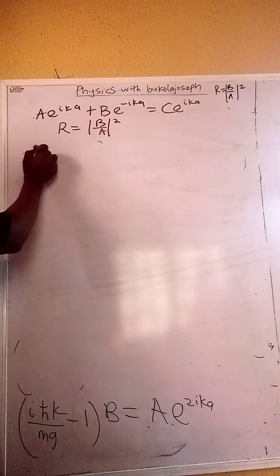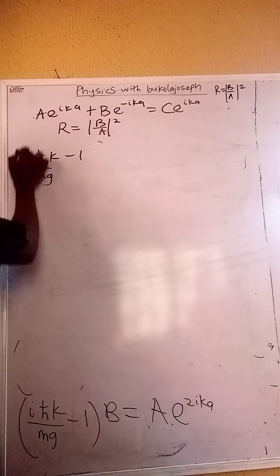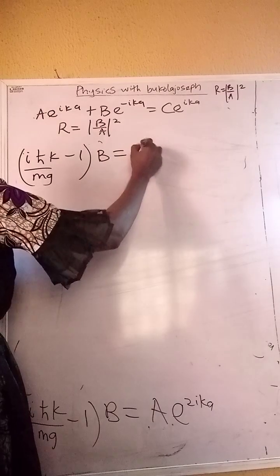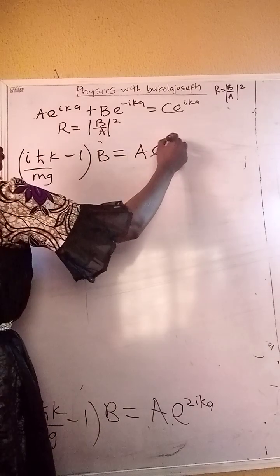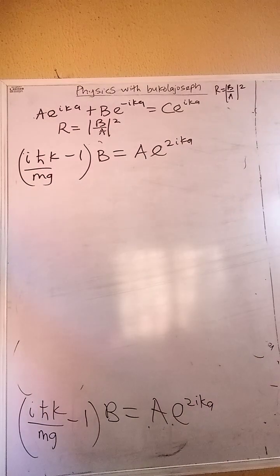We have i h cross k minus 1 over mg, we close the bracket, b is equal to a exponential 2ik.